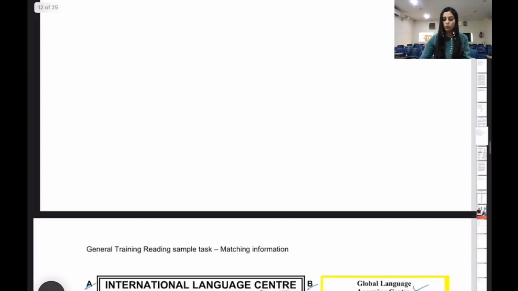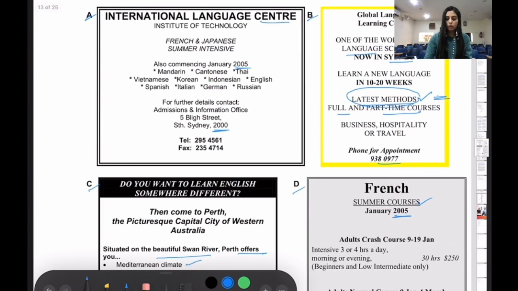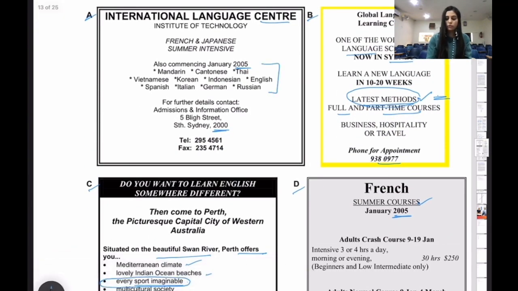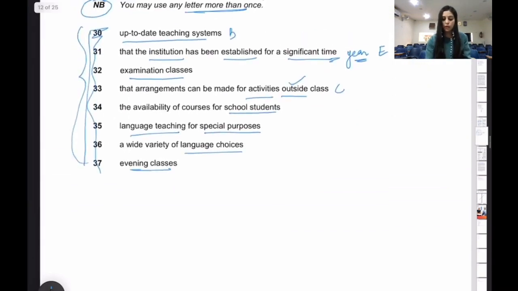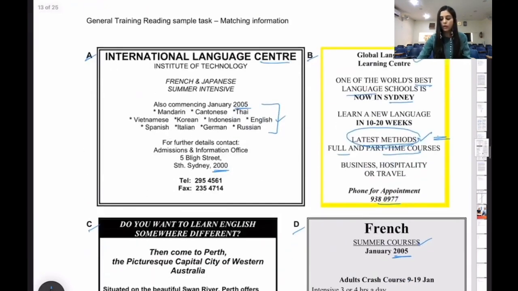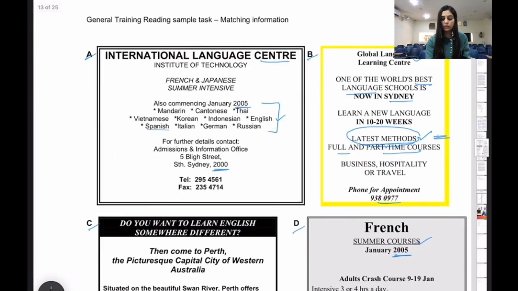So let's go back. Here I see a lot of languages: Mandarin, Thai, Vietnamese, Italian, German, Russian, English, French. So all of these are basically your languages. So let's scroll up. Wide variety of language choices, it would come under A. There are no other ads that are talking about these many languages.